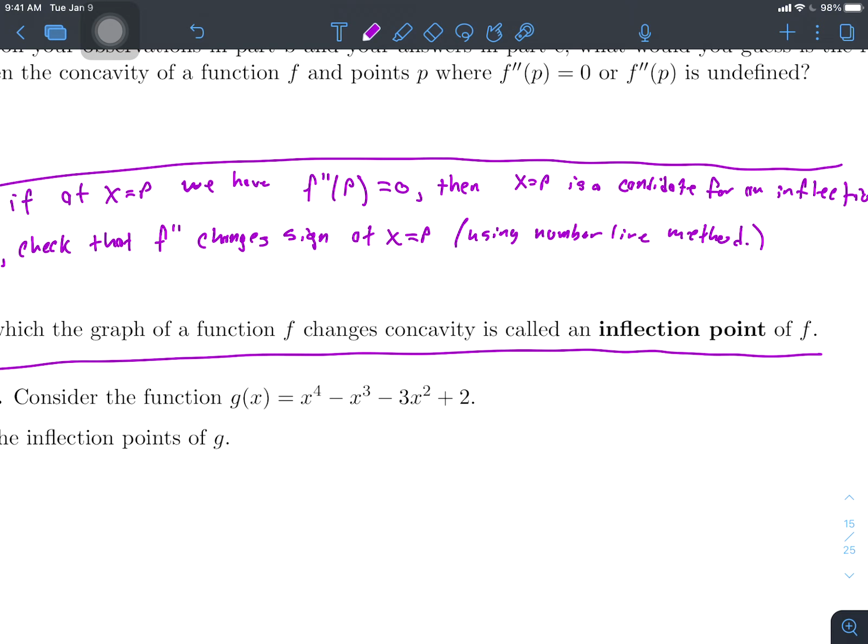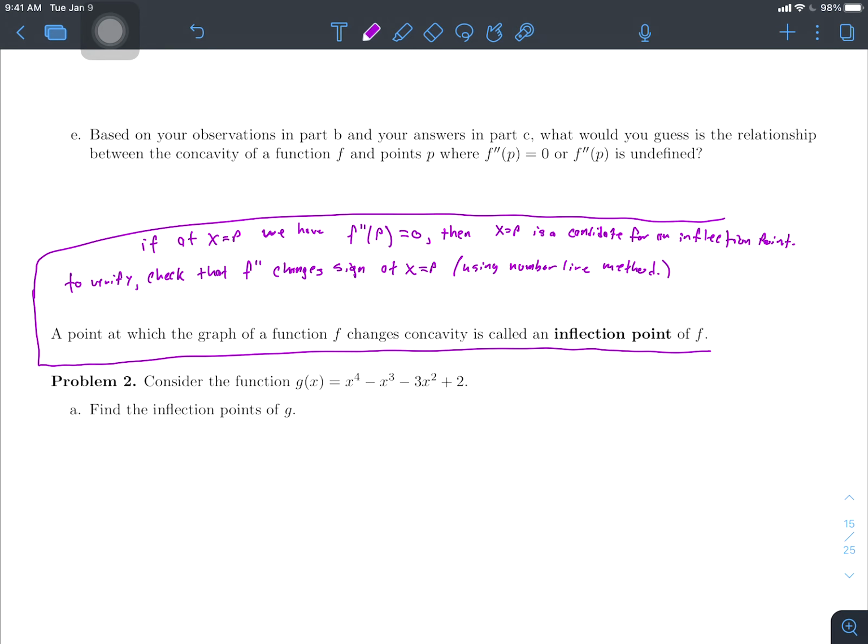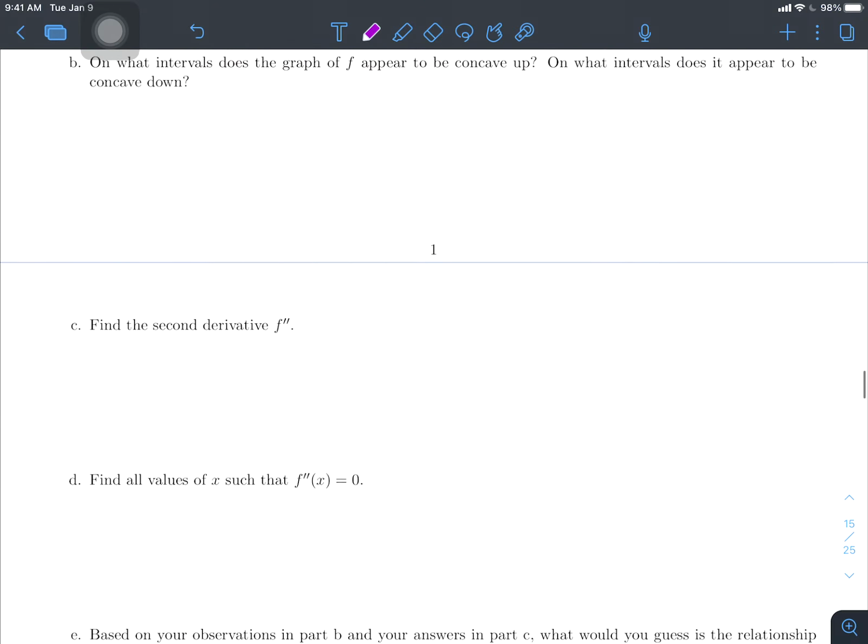Okay, so we will see an example of this really quickly, of how we actually find an inflection point.